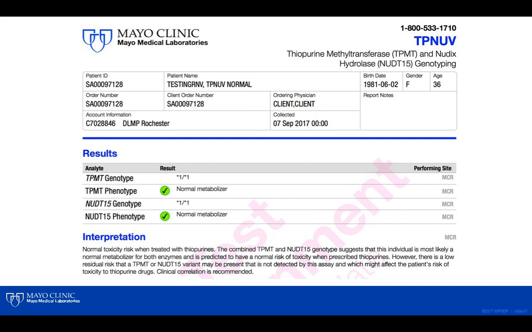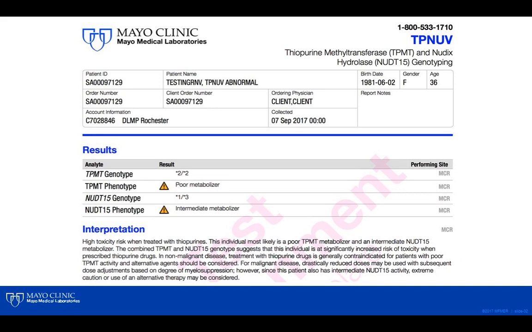The same is true for NUDT15 in that the patient's genotype is also star 1, and this patient is a normal metabolizer for NUDT15 substrates. So together, this patient's genetic risk score would have been 0. And the interpretation at the bottom describes that there was a normal risk of toxicity when treated with thiopurines. So basically, this patient would receive a standard dose.